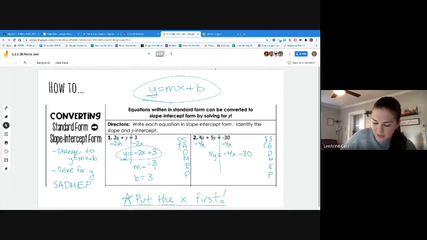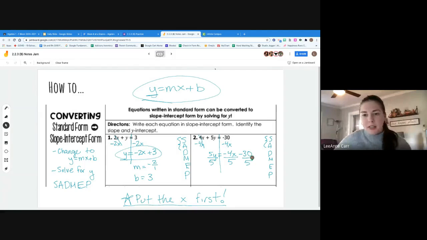Here, I'm going to divide by 5. And when we divide, we have to divide every single term. I repeat, when you divide by 5, you need to divide every single term by 5. So that allows me to cross this off. Then I have y equals, okay, here's kind of the weird thing again. 5 does not go into 4. If you type that into your calculator, you're going to get a gross decimal.